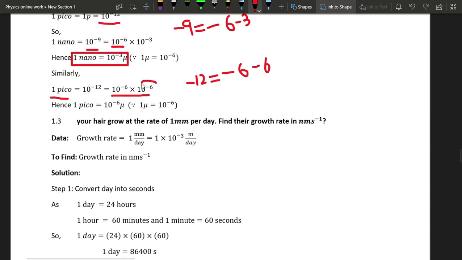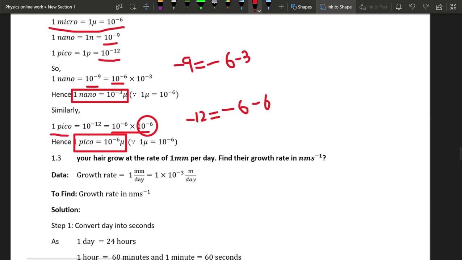We can replace this 10 raised to power minus 6 with micro. So it will be 1 pico equals 10 raised to power minus 6 micro. So we have these two relationships: 1 nano equals 10 raised to power minus 3 micro and 1 pico equals 10 raised to power minus 6 micro. This is how we can relate these two prefixes with each other.